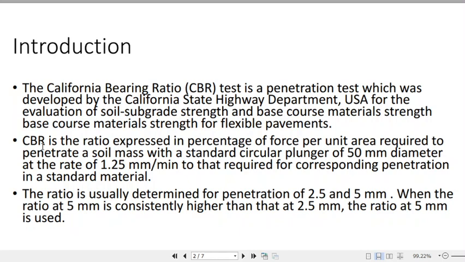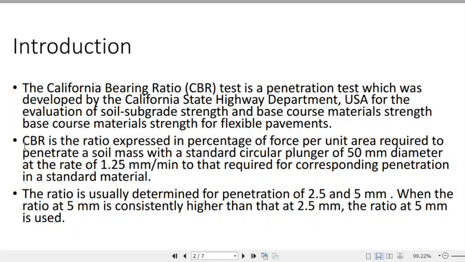Now, if you go for the definition of the CBR, the CBR is the ratio expressed in percentage of force per unit area required to penetrate soil mass with a standard circular plunger of 50 mm diameter at the rate of 1.25 mm per minute to that required for corresponding penetration in a standard material.